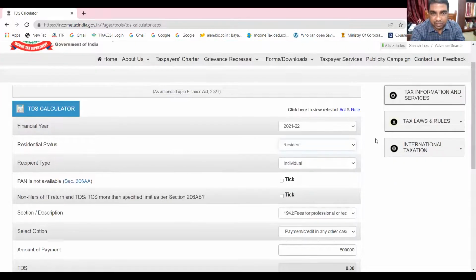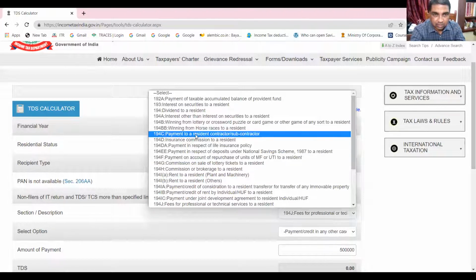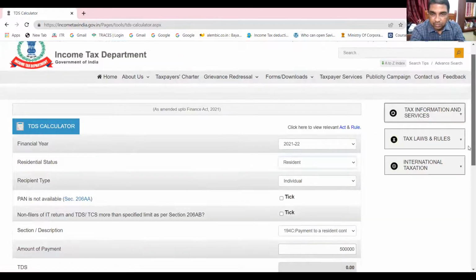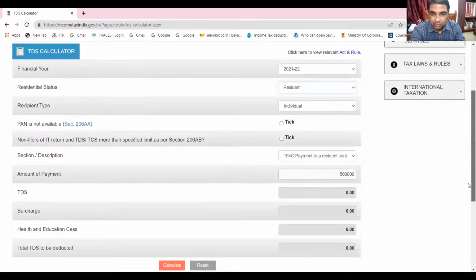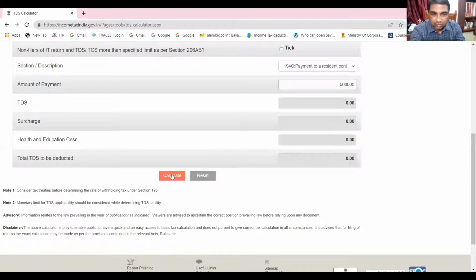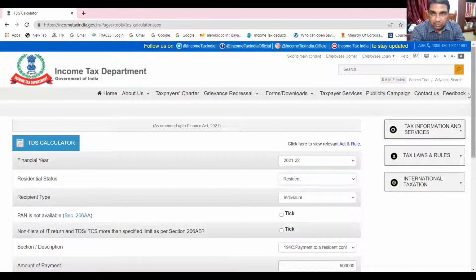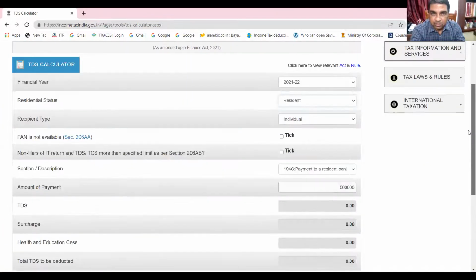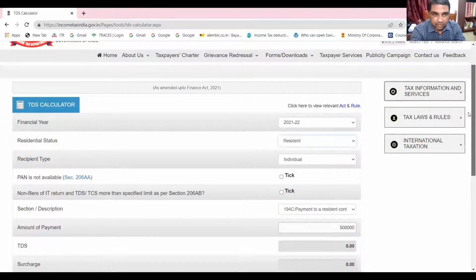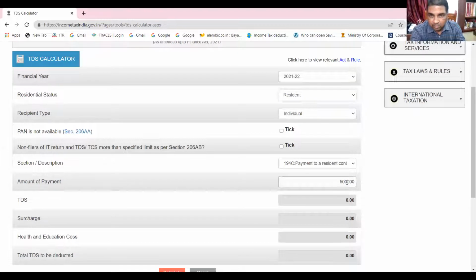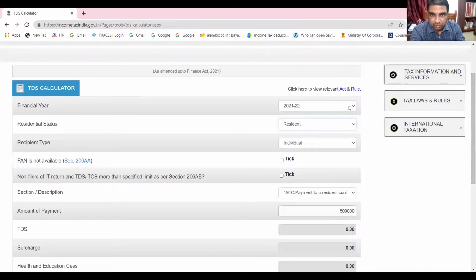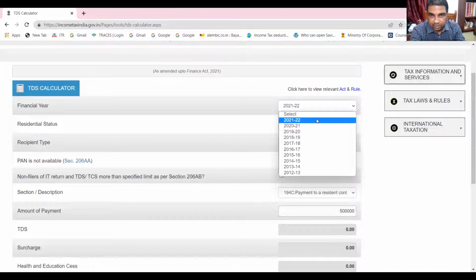For some reason, the calculator is not responding right now, but we can check it.